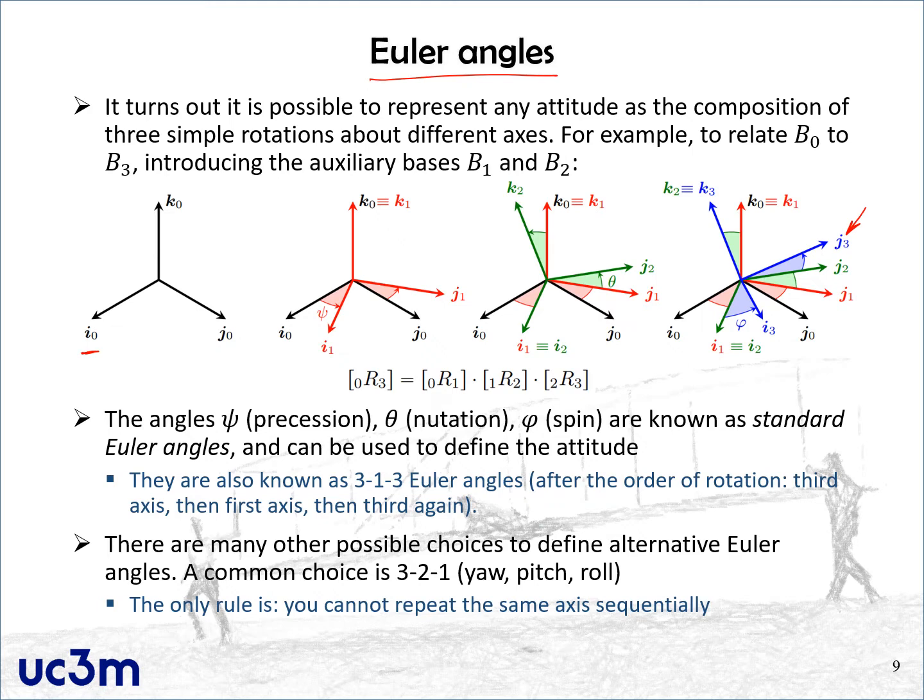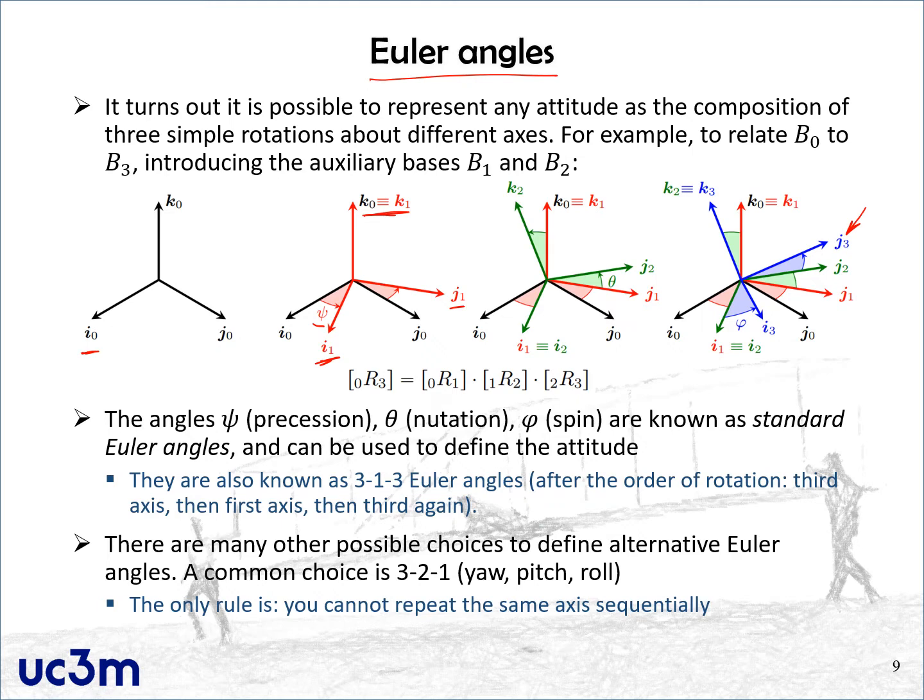So let's start, for example, by rotating about the vertical axis, K0, by an angle psi. This is basically the expressions that you have in the previous slide. And this rotation brings the basis 0 into a new auxiliary vector basis 1. So basis 1 is defined in terms of this auxiliary rotation.